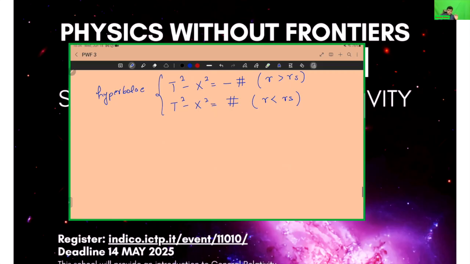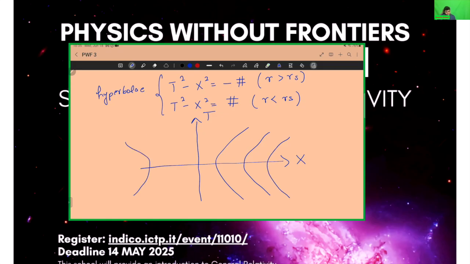If the right-hand side that you get is negative or positive, that dictates how the hyperbola looks. So if this constant is negative, the hyperbolas look like these. If this is x and this is t, they look like these. I mean, they also exist on this side, but we won't talk about them for a reason.